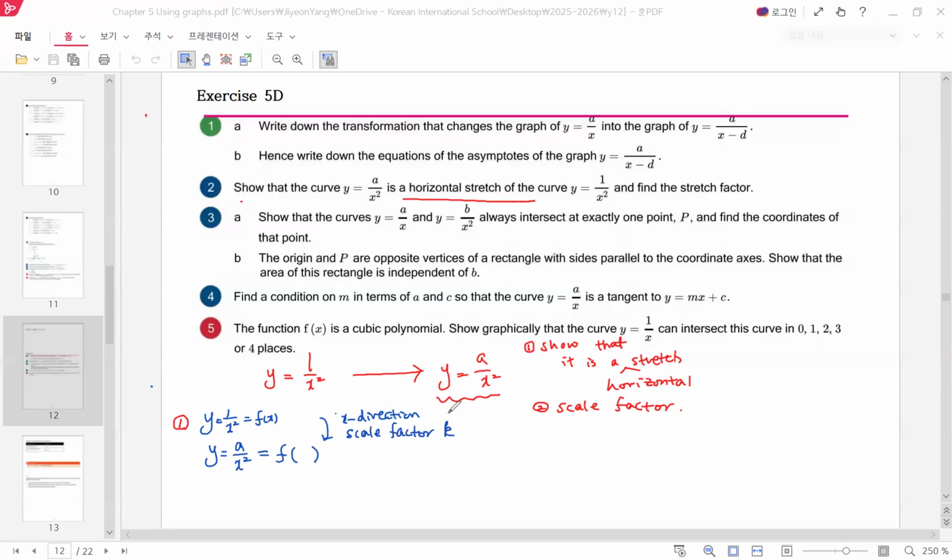Then bring back the memory. Since it is horizontally stretched, in the x direction you need to change x to x over k, and there is no vertical stretch, so y is just y. Then you can find k, which can be expressed as x over k.